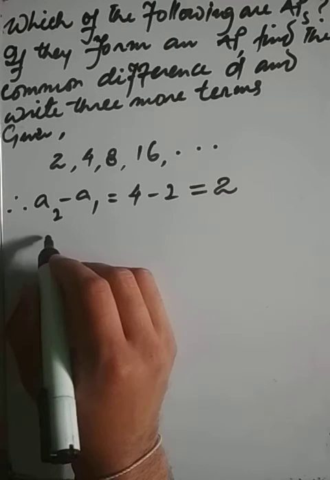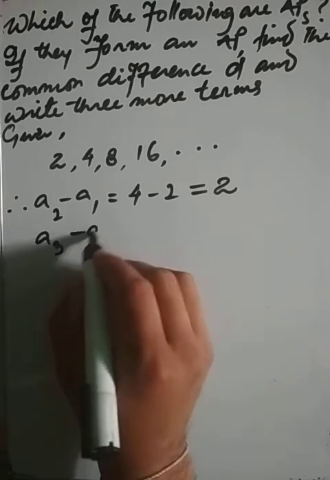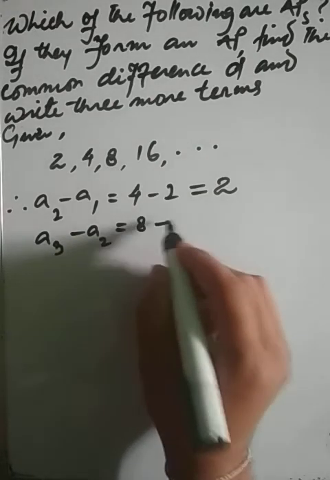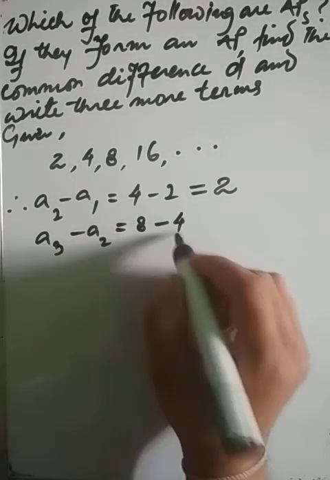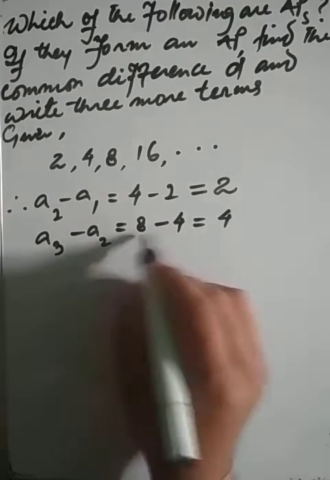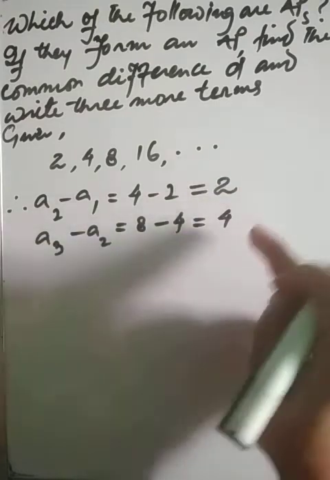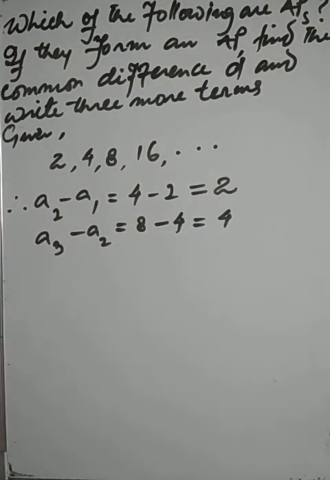Next, A3 minus A2. Here the third term is 8, the second term is 4. So we get 8 minus 4, 4. Now, when we find the value of A2 minus A1 and A3 minus A2, we got 2 and 4. It means that the common difference is not the same always.